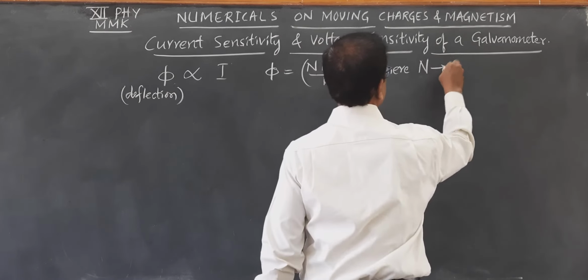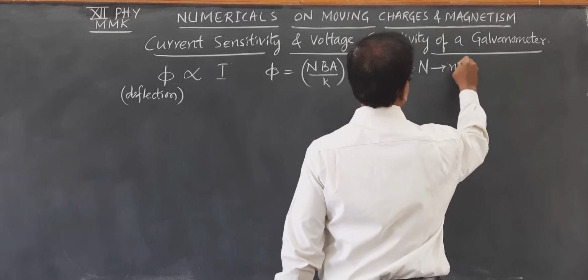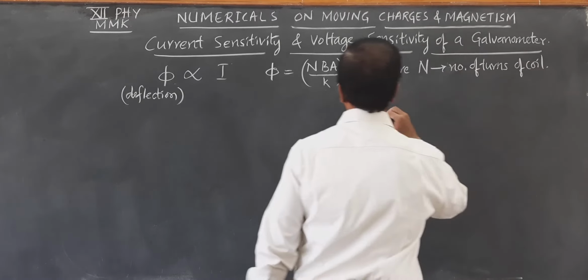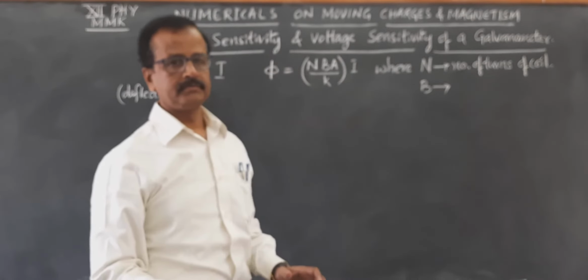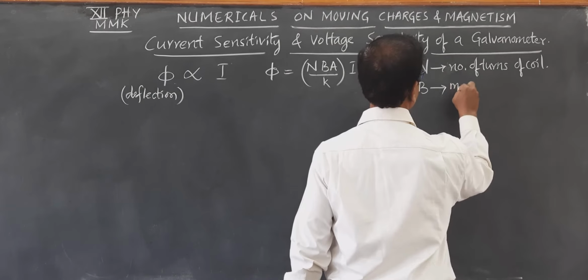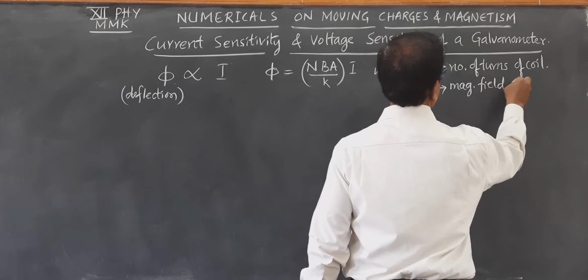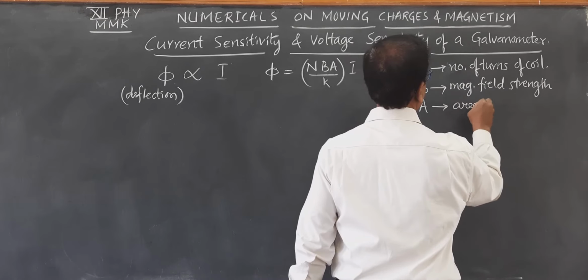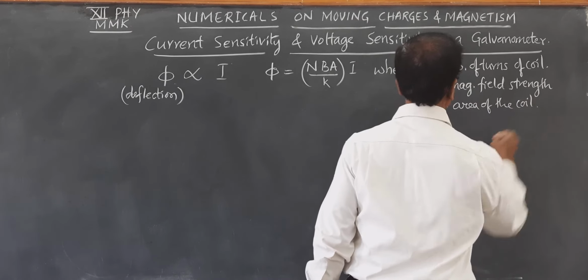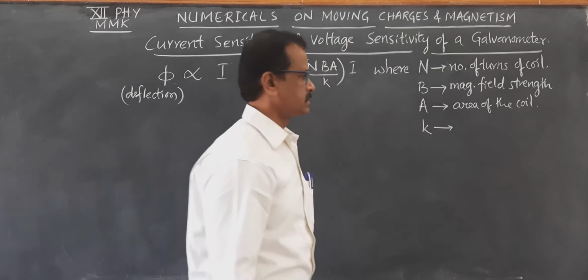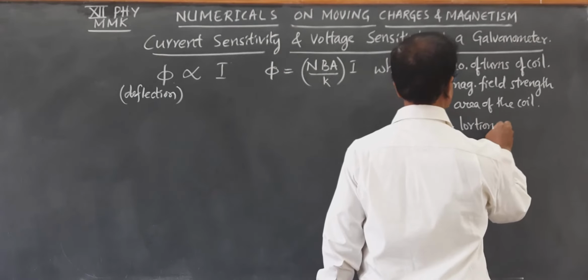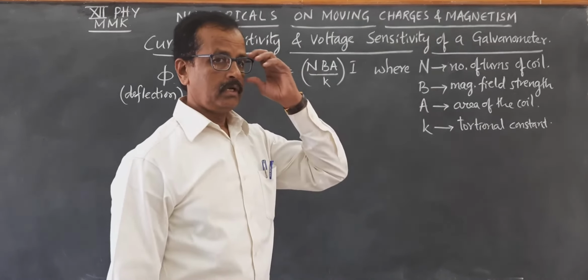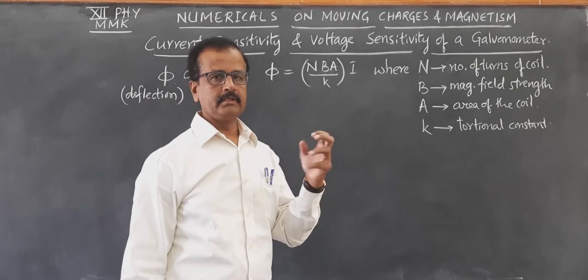N is the number of turns, B is the strength of the magnetic field, A is the area of the coil, and K is the torsional constant of the wire which suspends the coil in the strong magnetic field.